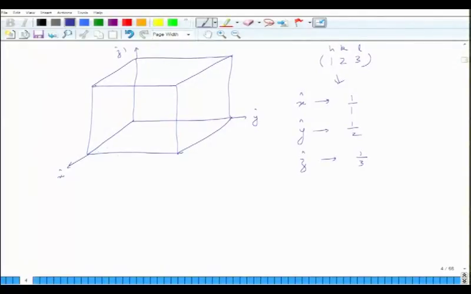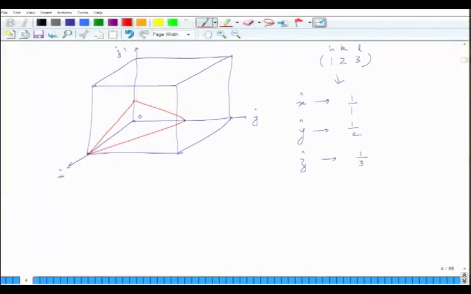So, you can see here this is 1, this is half, and this is 1/3, and you can choose this as the origin O because all three are positive. If you go in this direction it is plus x, in this direction it is plus y, in this direction it is plus z, and if you connect all three of them, this is your plane 1, 2, 3.